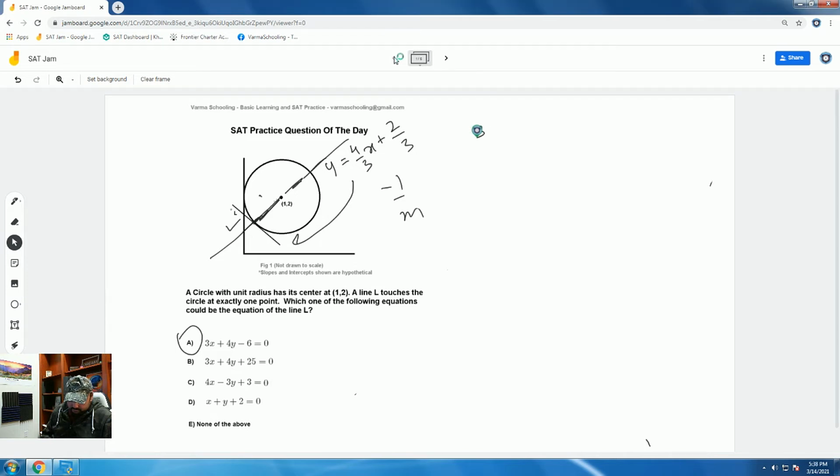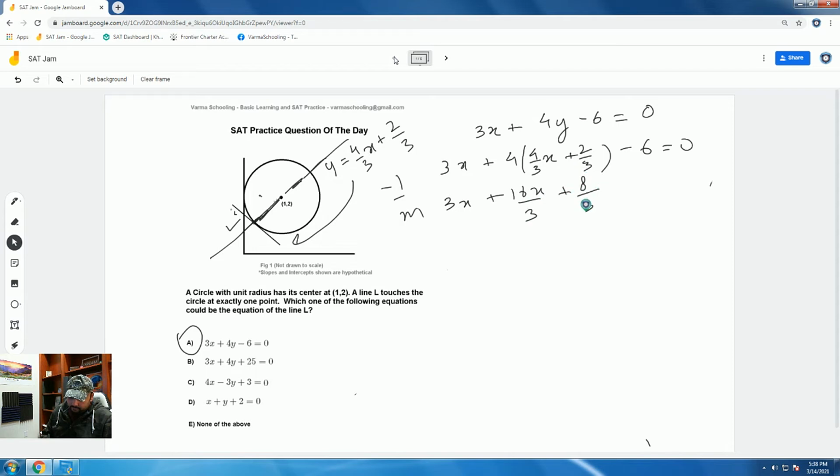So 3x plus 4y minus 6 equals 0. So we're going to plug in the value of y from here. So that will turn into 3x plus 4 times (4 by 3 x plus 2 by 3) minus 6 equals 0. 3x plus 16x by 3 plus 8 by 3 minus 6 equals 0.